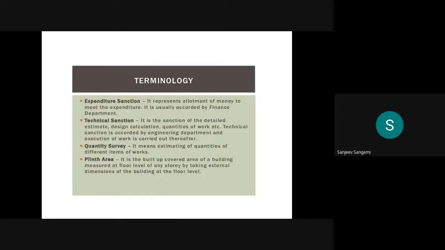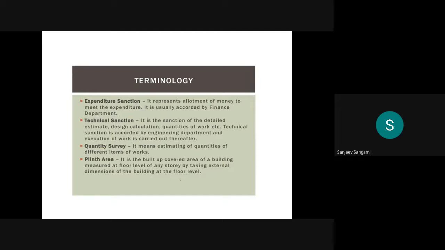Then expenditure sanction. It represents allotment of money to meet the expenditure. It is usually accorded by the finance department. Then technical sanction.